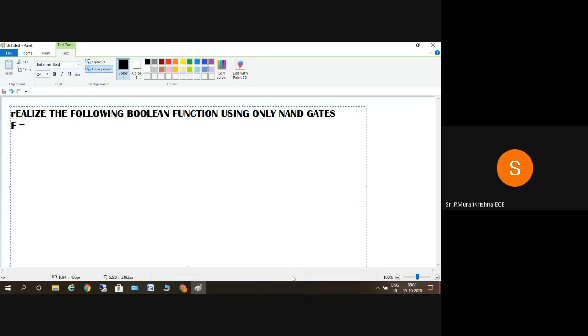F is equal to BC bar plus A bar D, into AB bar plus CD bar. Okay, so we have two sums here, and they should be multiplied. So it is a product of sums. Draw the diagram first, with the OR gates and the ending AND gate.